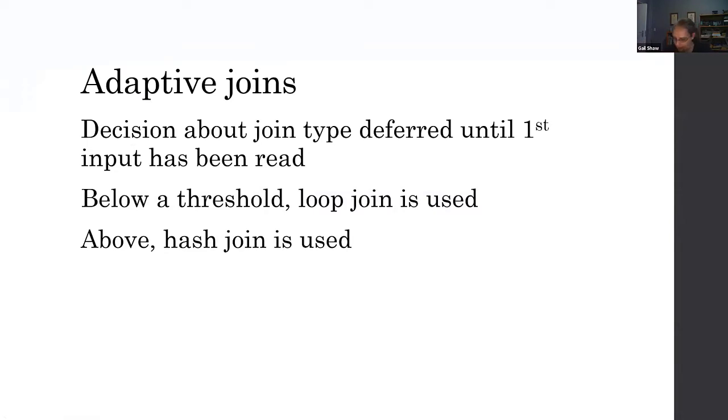What an adaptive join does is defer the choice of join to after execution starts. The query optimizer does not choose whether to do a loop join or a hash join. Instead, it puts in a placeholder and lets the query execution engine decide.